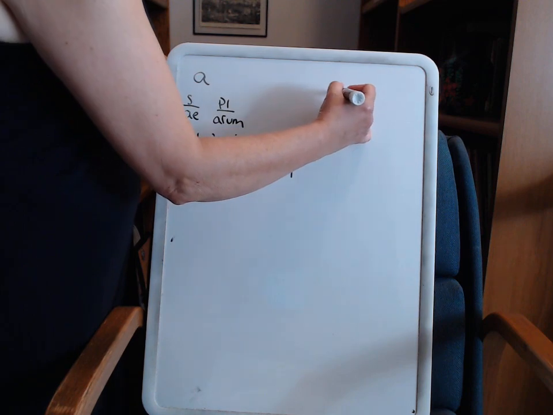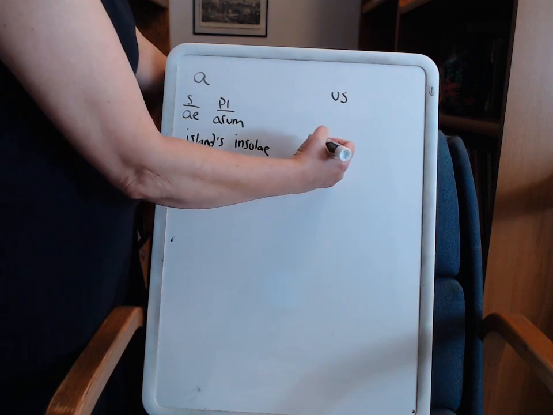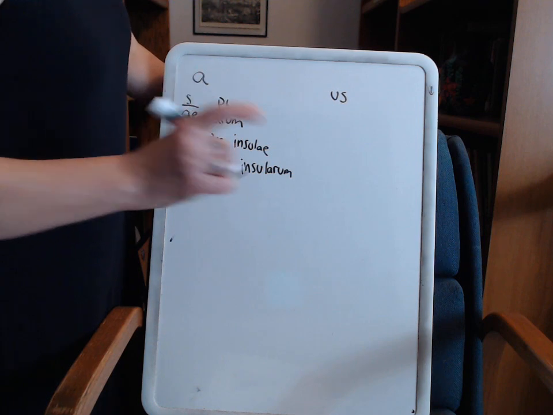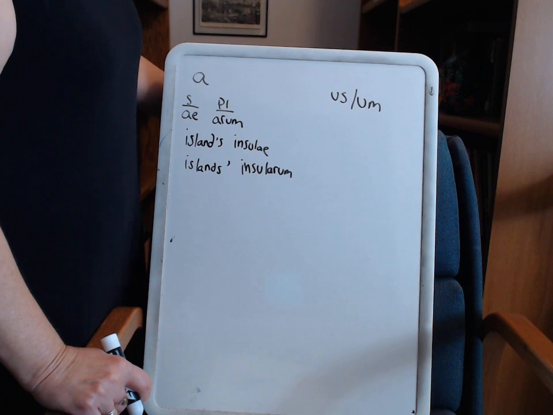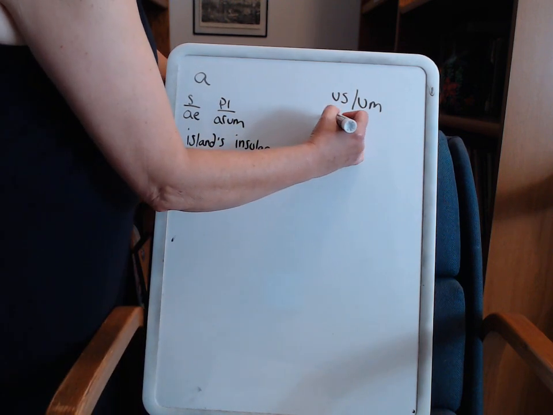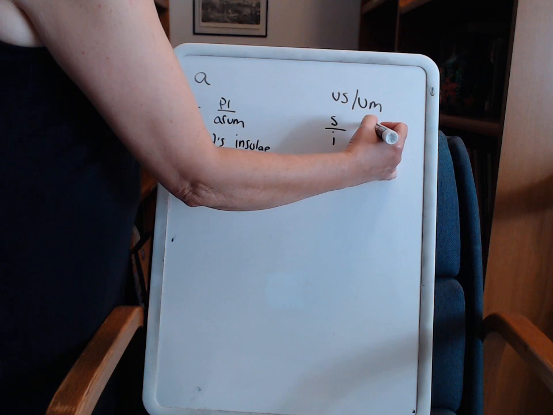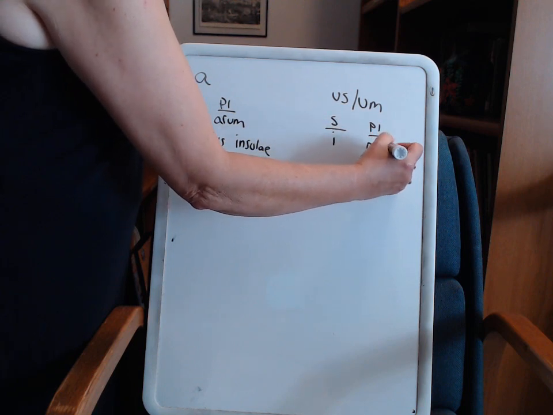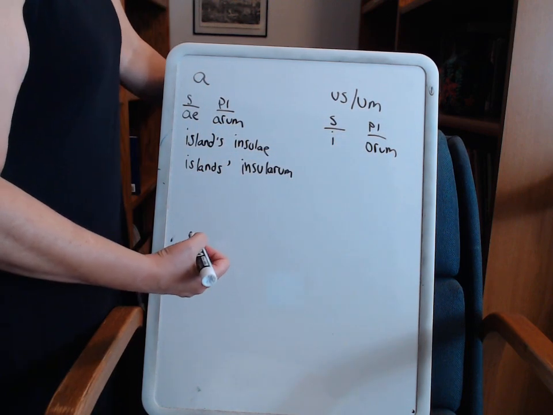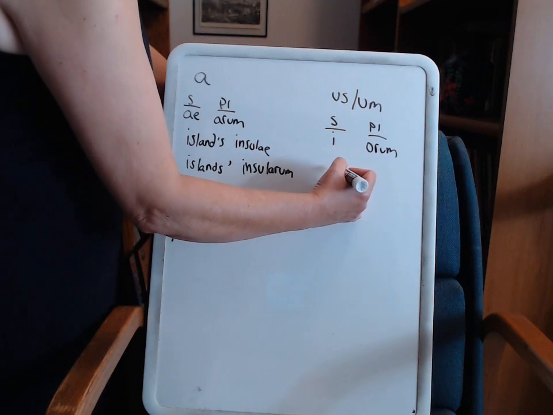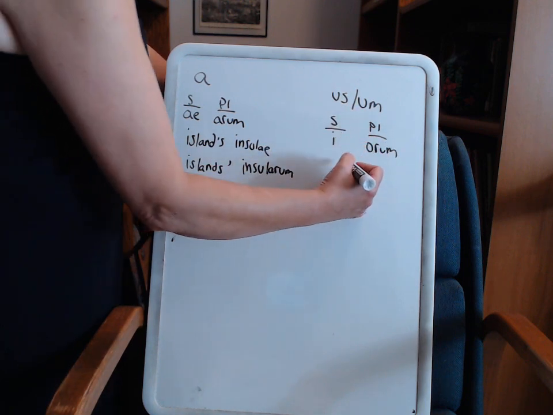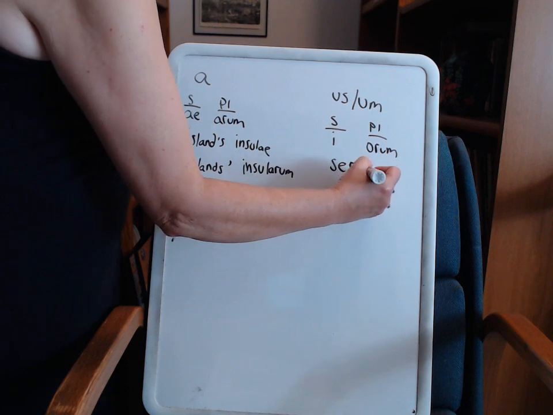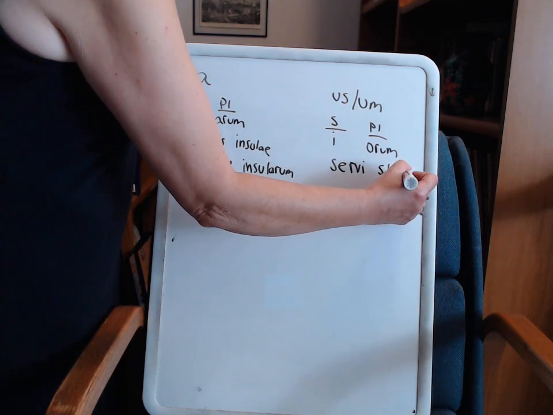We have some nouns that end in us, and for genitive case purposes, us and um nouns have the same genitive endings. All right? For the singular, it is i, and for the plural, it is orum. So the slave's master, the master of the slave, servi.